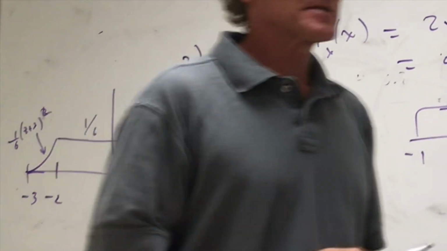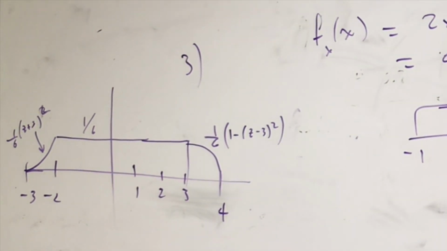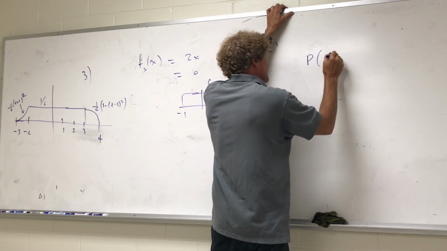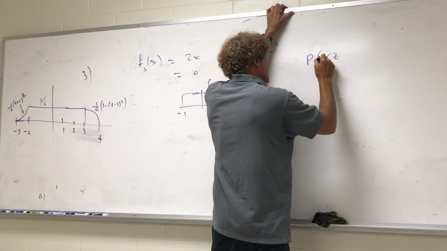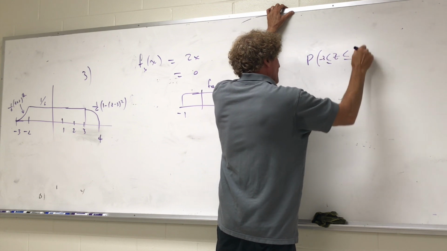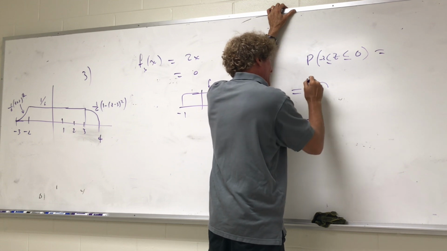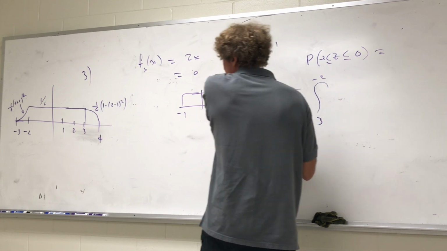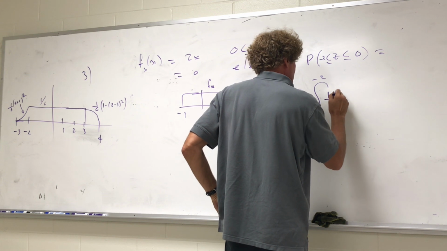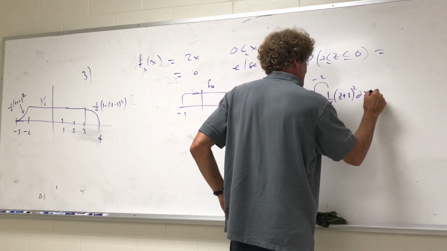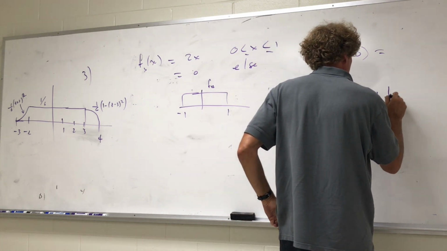And now that's the probability for it being from minus 3 to 0. All right, so the probability of z being greater than minus 3 and less than 0 would be equal to the integral from minus 3 to minus 2 of f of z, which is 1/6 (z plus 3) squared dz, plus, and then it's going to be 1/6.